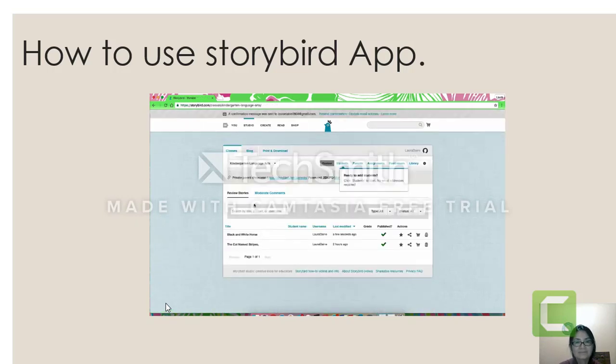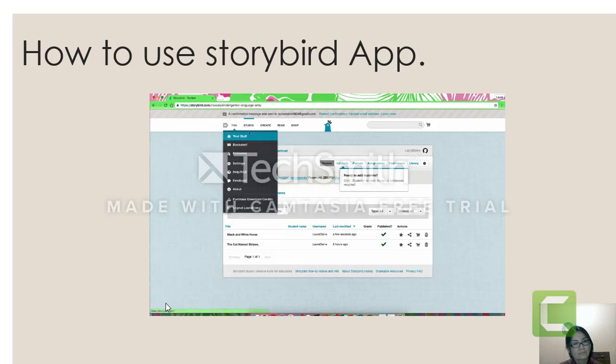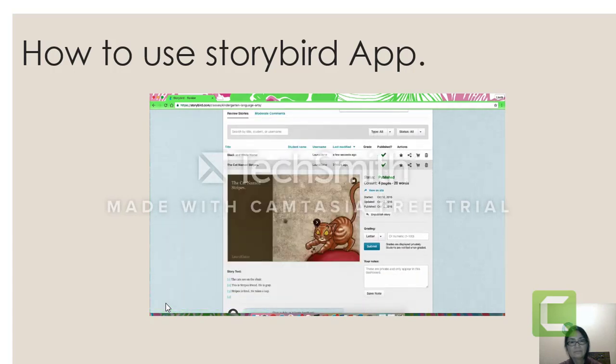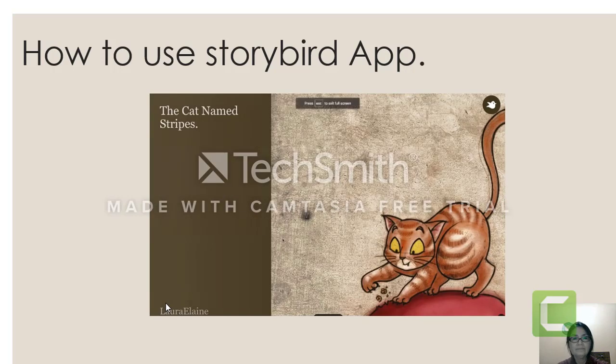I chose the SLO as students will distinguish which words are their sight words. So how does creating a story help with these sight words? If I go to one that I created, here's my cover page.